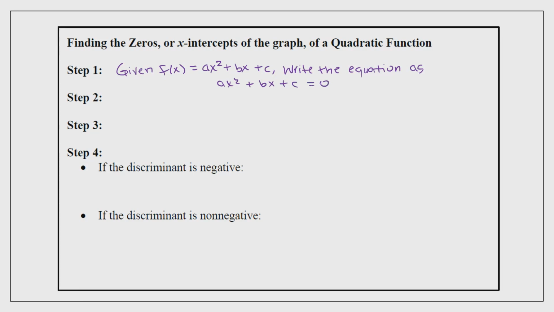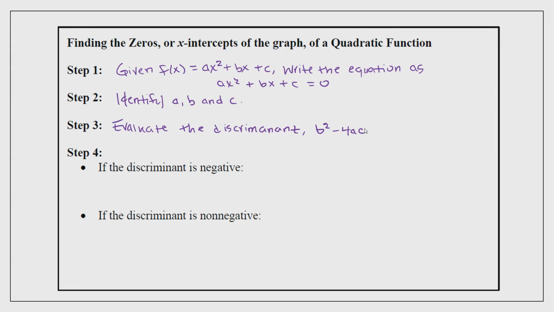Make sure it's in descending order. Then you are going to identify a, b, and c. Then you will evaluate the discriminant. It's like a spelling bee word. b squared minus 4ac.